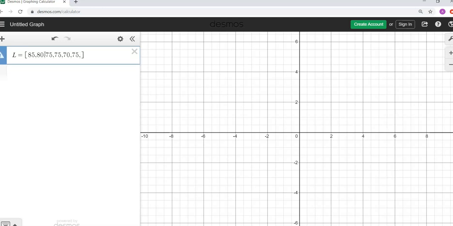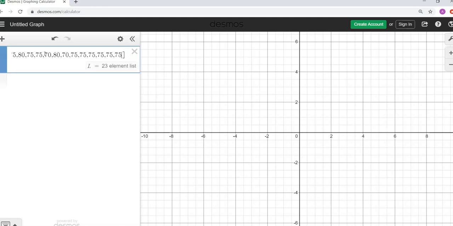This is the thing that's going to take the longest, but I promise you, typing them in is a lot shorter than doing all of these calculations by hand, especially the standard deviation calculation. 80, 75, 75, 70, 80, 70, 3 75s. Lots of people got 75 on this test.